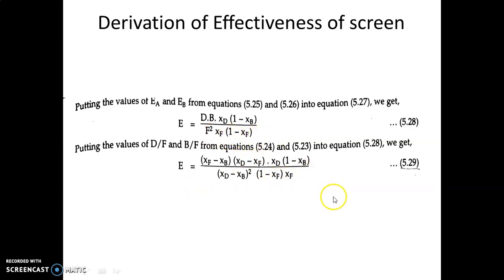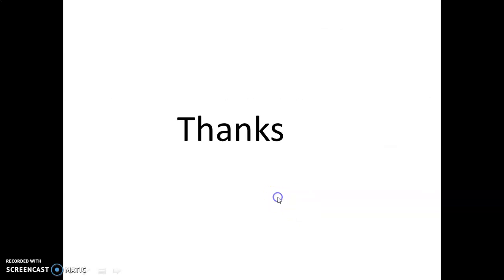This is called the effectiveness of the screen. This equation is used to calculate the effectiveness or efficiency of the screen. Thanks.